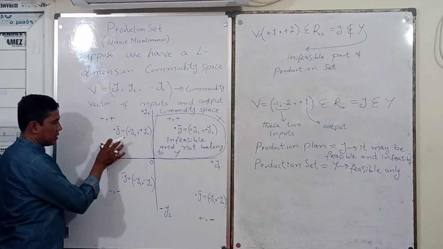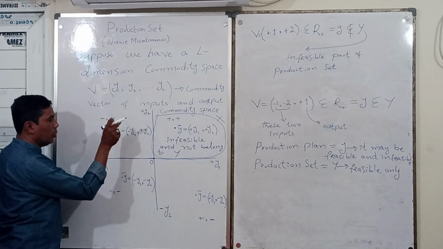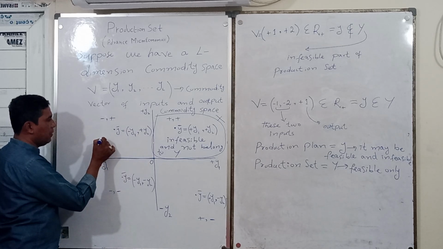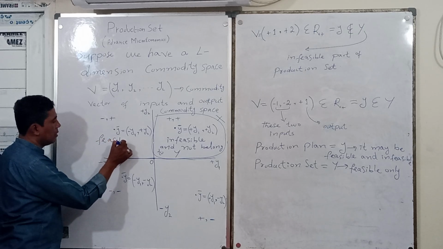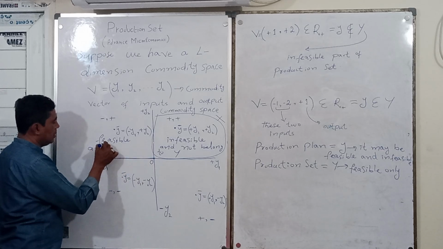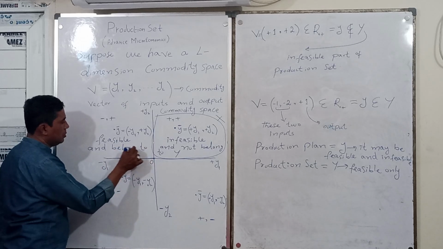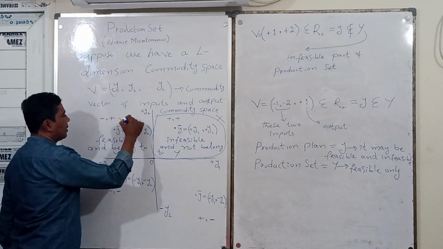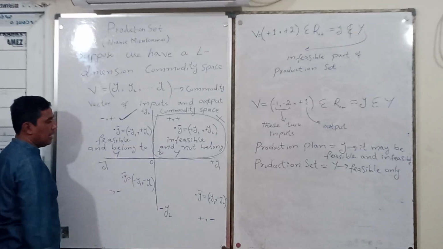Similarly, is this feasible or not? This is feasible. Why? Here you have one input and another output. So it means that this is feasible and belongs to Y. So this quadrant is part of the production set.